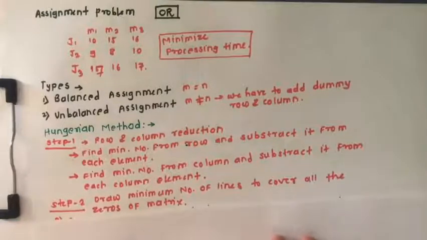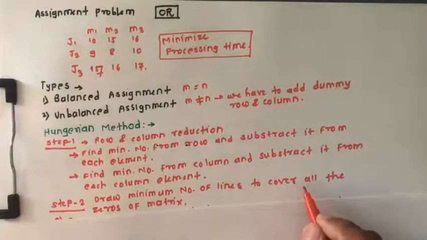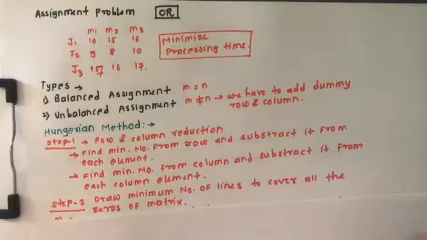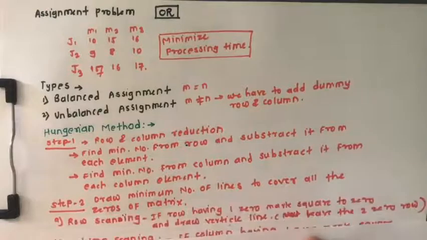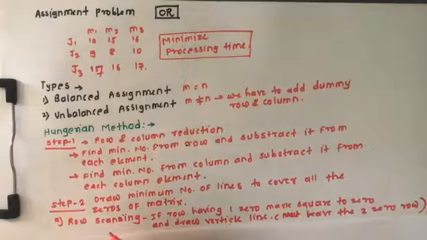Now the second step is to draw the minimum number of lines to cover all the zeros of the matrix. Okay, so we get some zeros after the row reduction and the column reduction. So we have to draw the minimum number of lines. So how to draw these lines? First of all we go for the row scanning. That is we scan the rows.